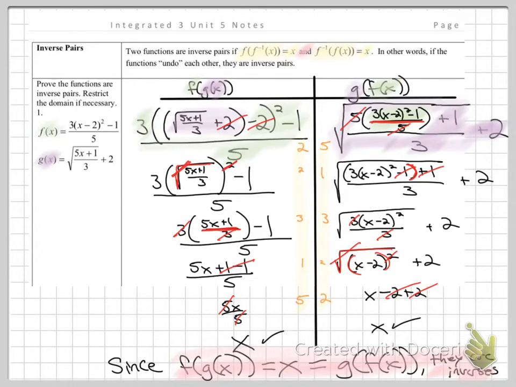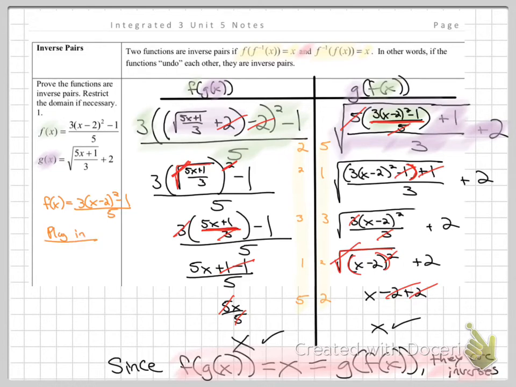Also, let's look just at f of x. So I'm doing the left side of the table because we plugged things into f. F of x was this, right? If you were to plug something into f, what's the first thing you would do?